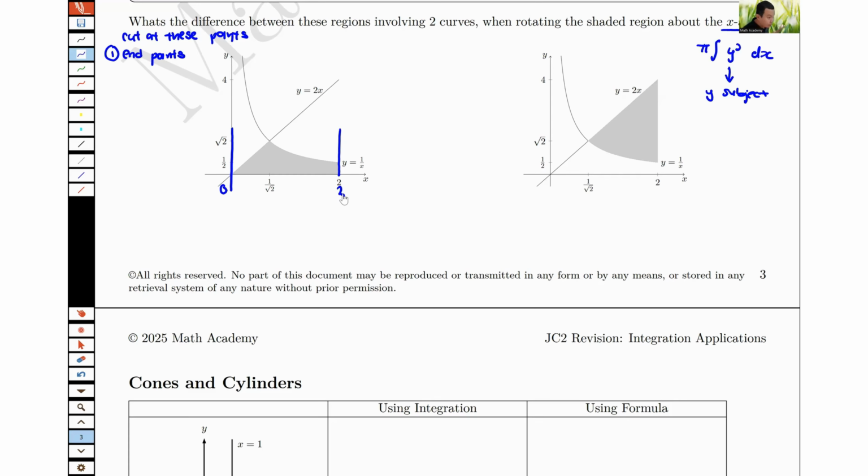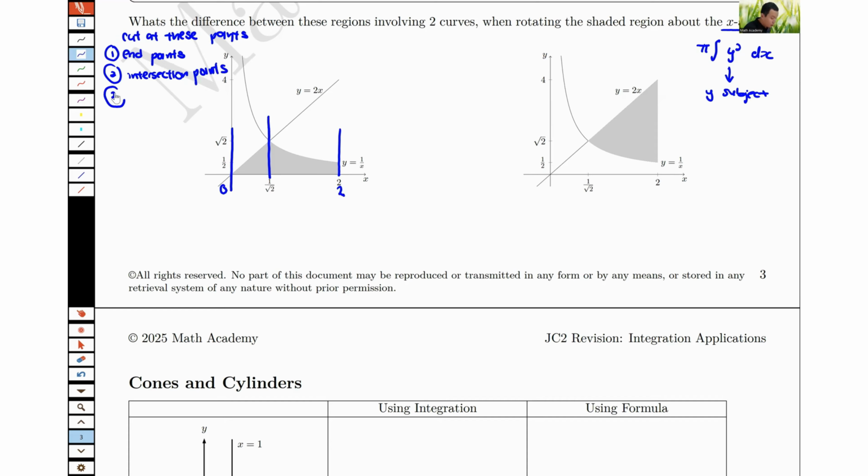That's number one. Number two, in the middle, you ask yourself, should I cut it up again? You cut it up if you see intersection points between the two curves. Do I have intersection between the two curves here? There is. So you cut up one more time.